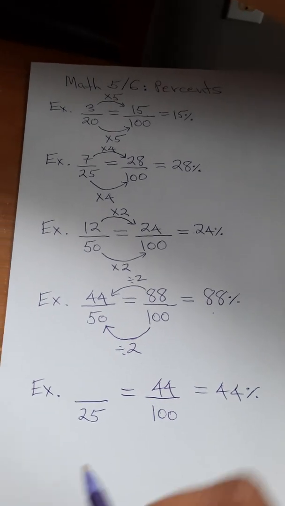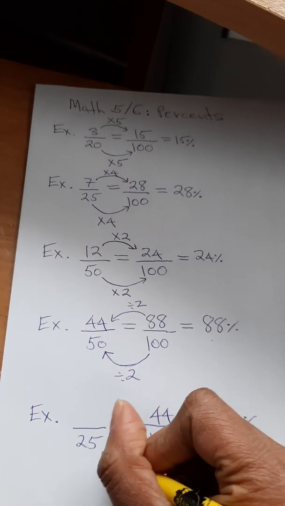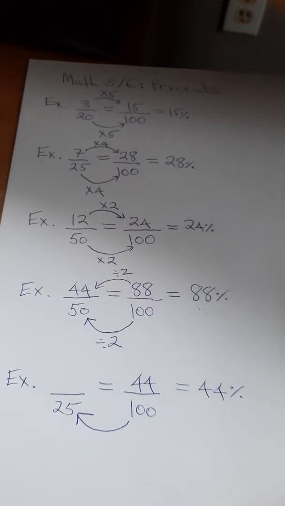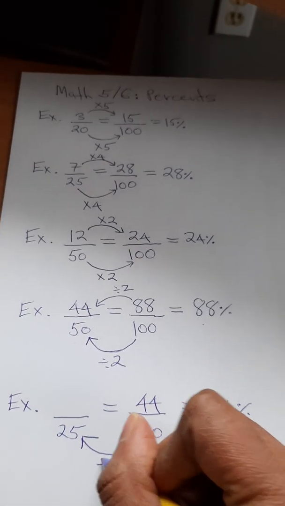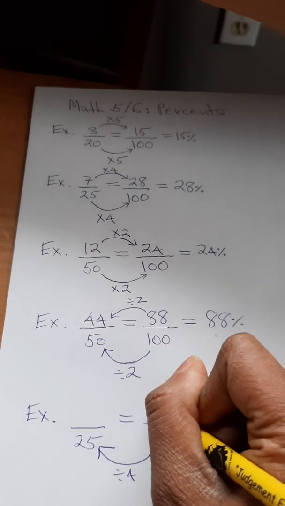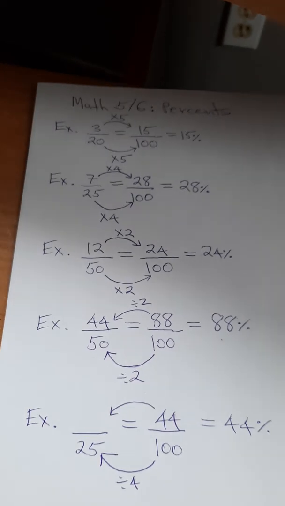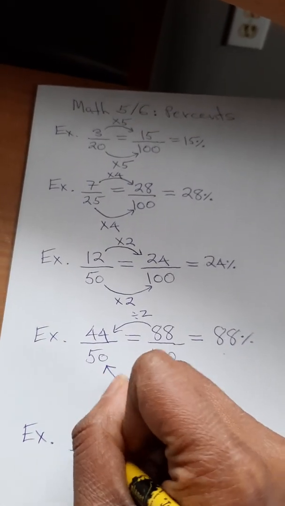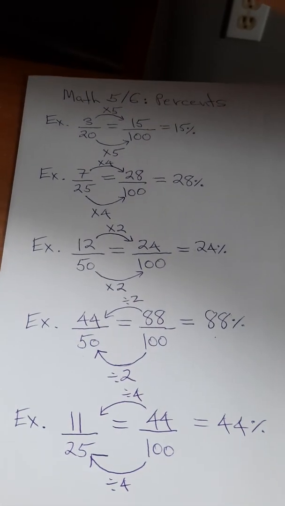This is the fraction, and again, I'm going to draw the arrow going in the opposite direction. So we're doing 100 divided by 4, which gives me 25. In the same manner, we're doing 44 divided by 4, which is equal to 11.